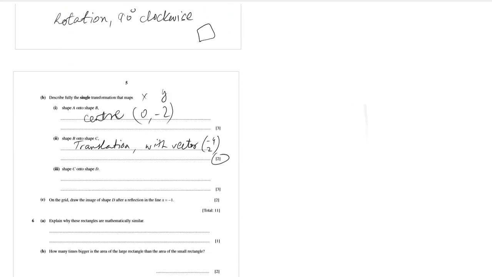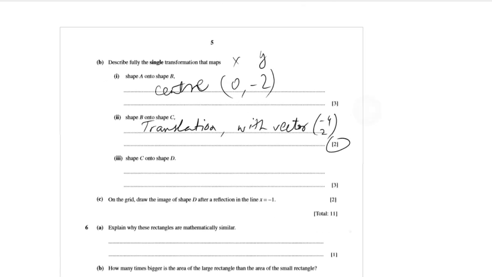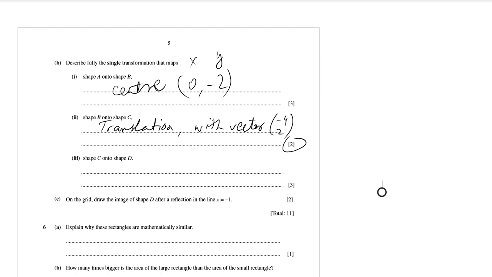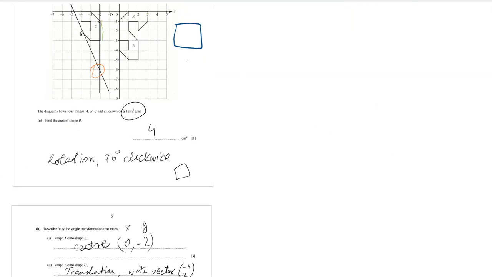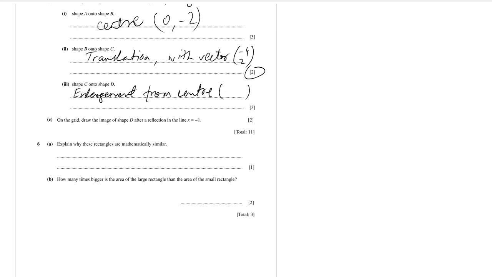So you will write C onto D, it is an enlargement from center minus 2 comma minus 6, with the scale factor of 2, because it's image over object.